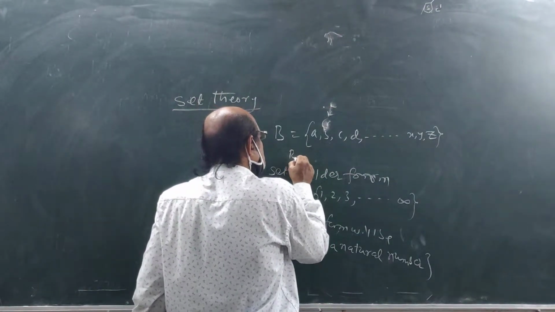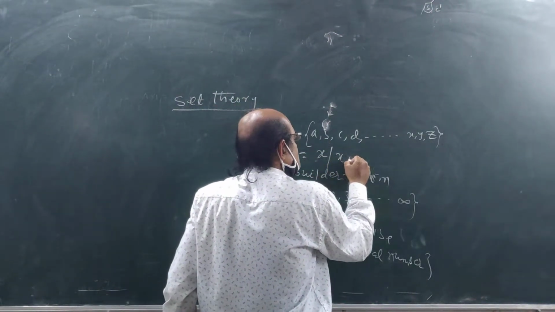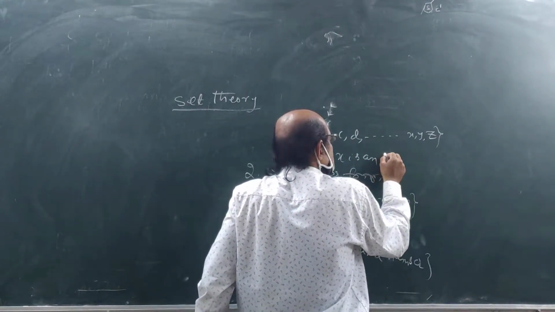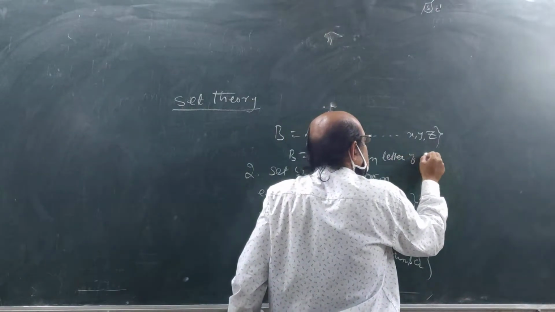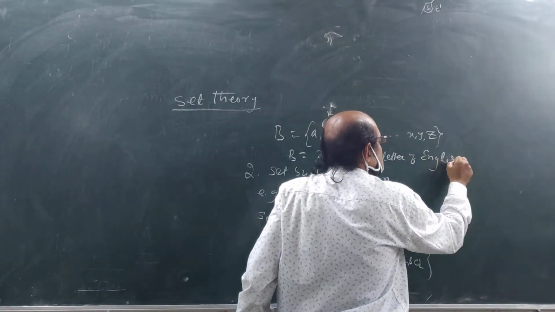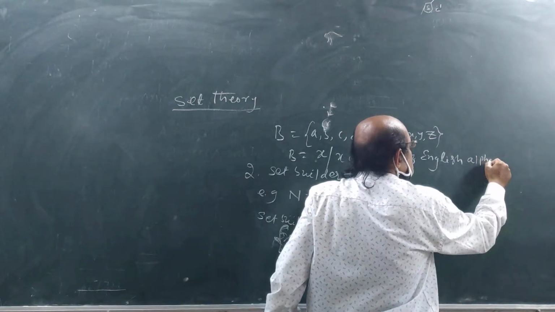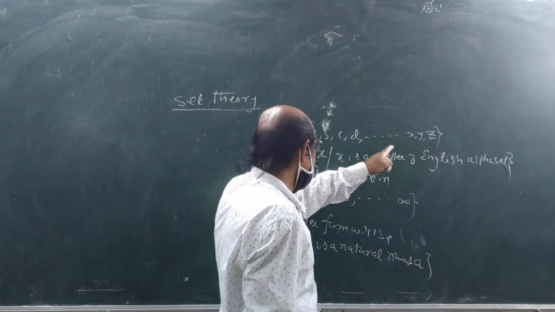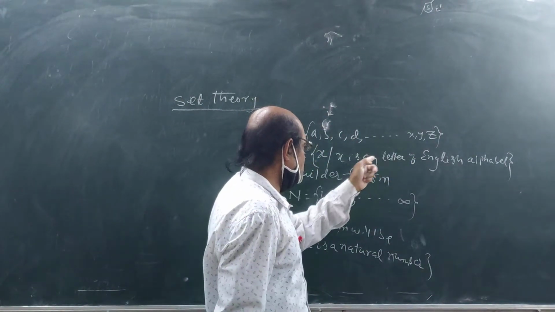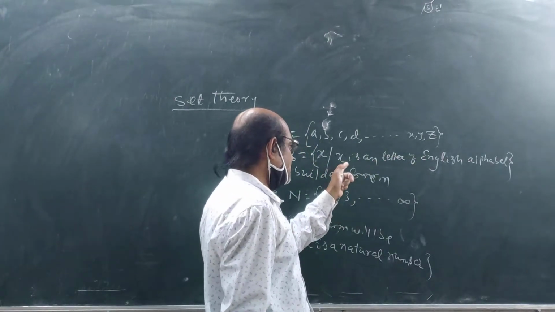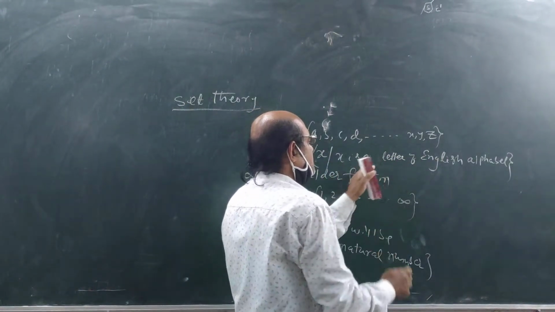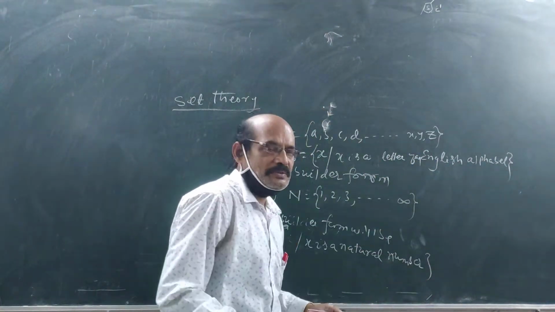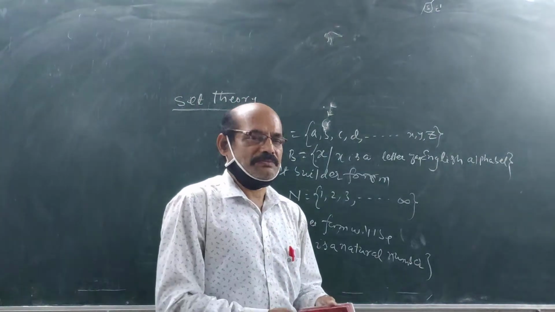B is equal to {x such that x is a letter of the English alphabet}. This is the common property. Here the English alphabet is the common property. So this is the conversion of tabular form into set builder form.